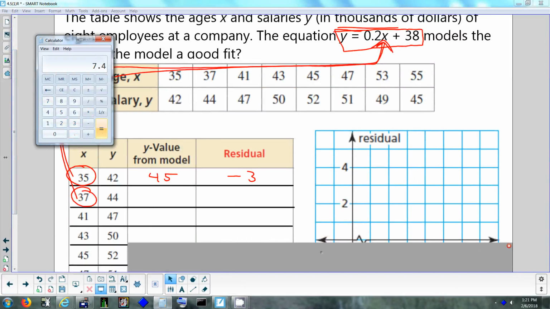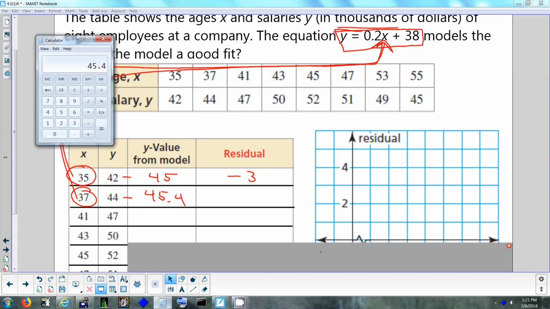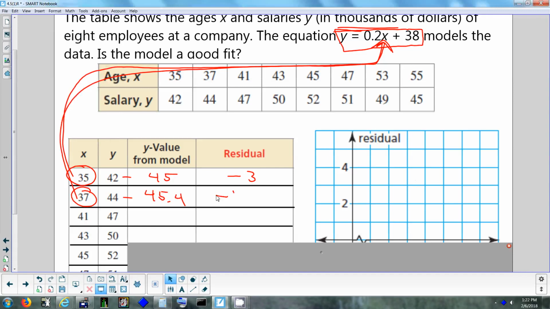And then plus 38. 45.4, where do I put that? In your y value from the model. And now, just pretend like there's a minus and subtract. 44 minus 45.4. That gives me negative 1.4. What column does that go in? Residual. The residual.